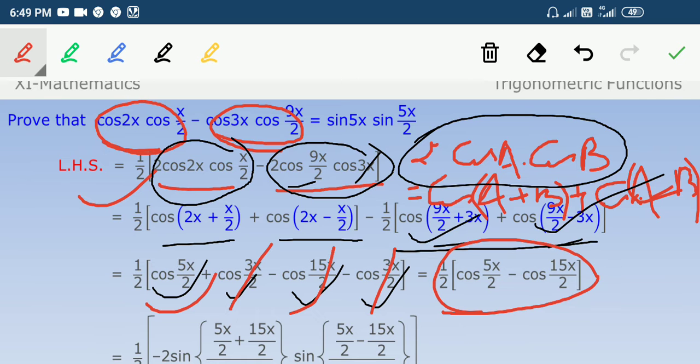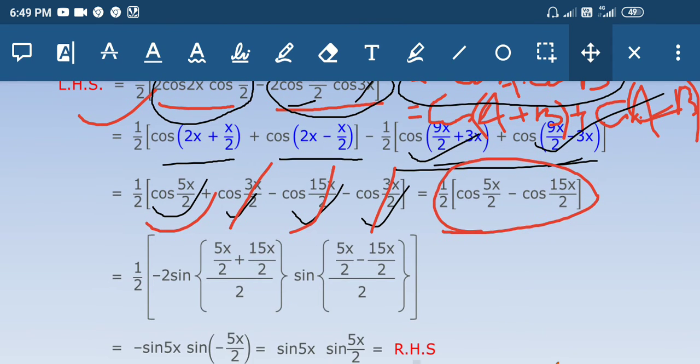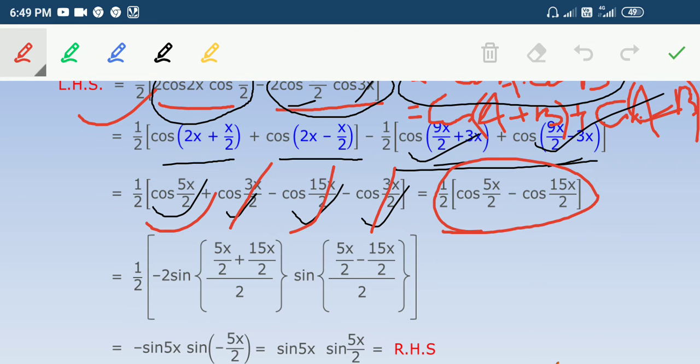Okay, now 1 by 2 will be as it is, and cos 5x by 2 minus cos 15x by 2 will be broken on the formula for cos C minus cos D, whose value is in sin only.